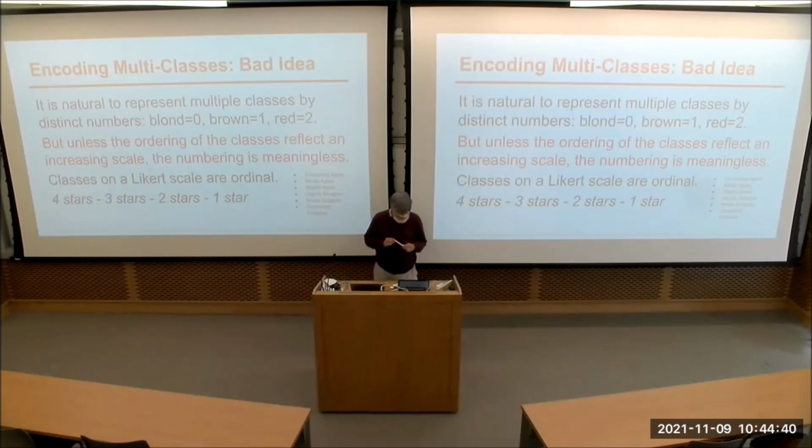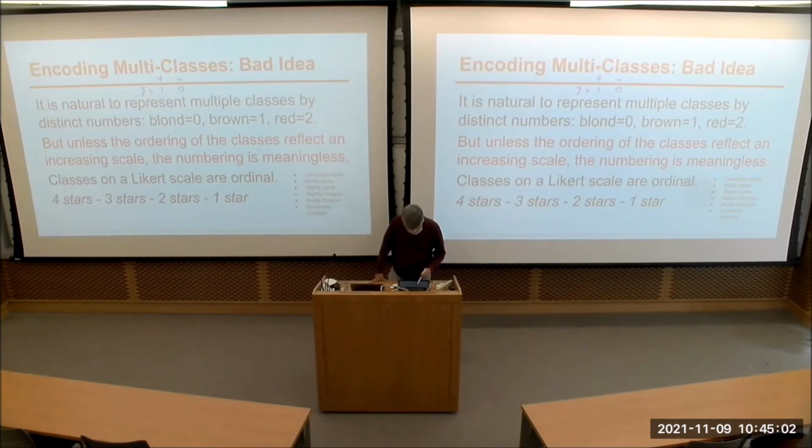So how can we encode multiple different classes, if we're going to solve a multi-class classification problem? Before, we represented our positive example as 1 and a negative example as 0.